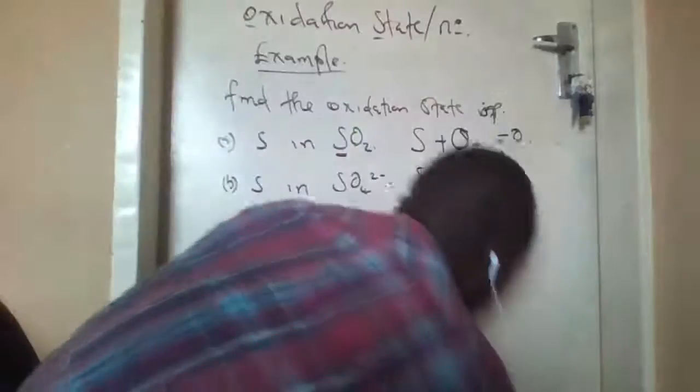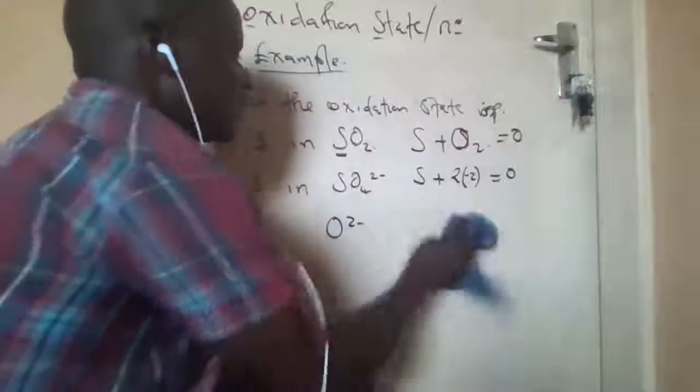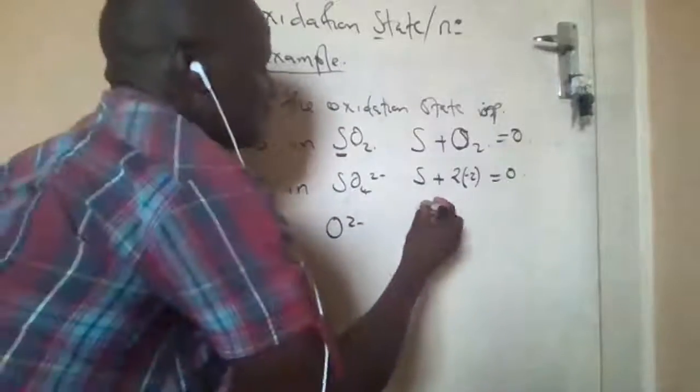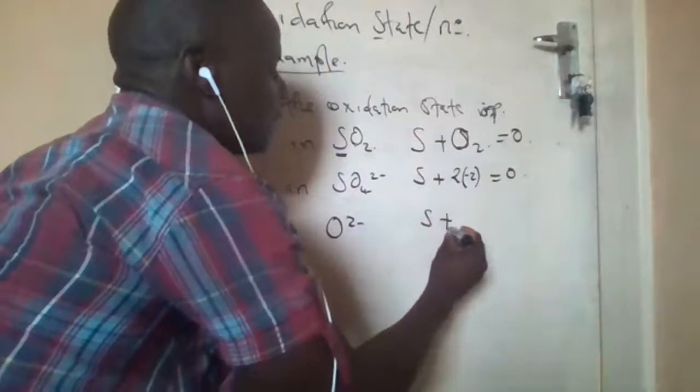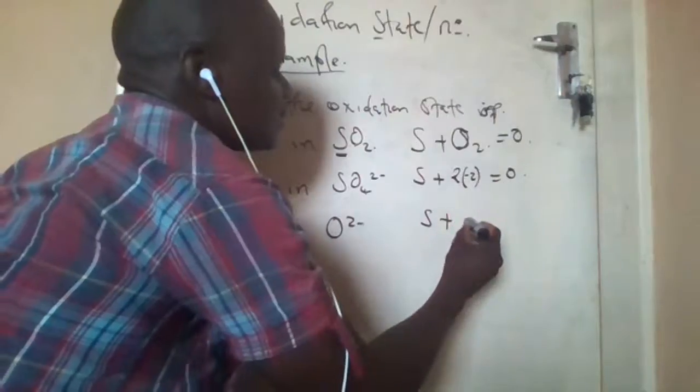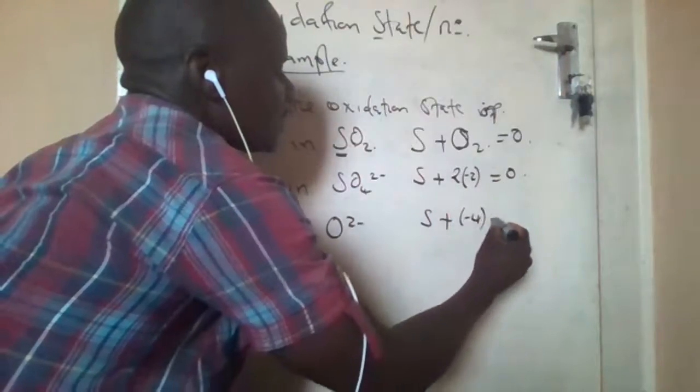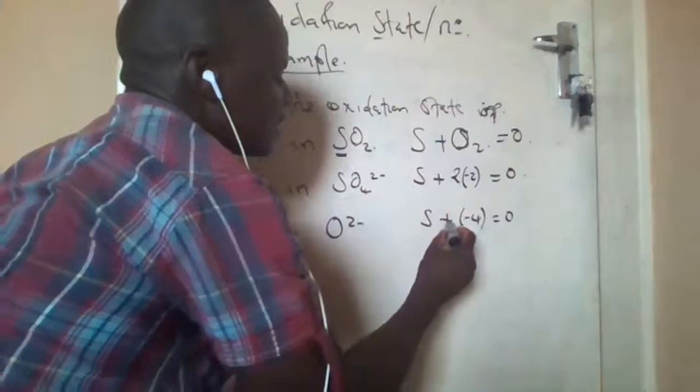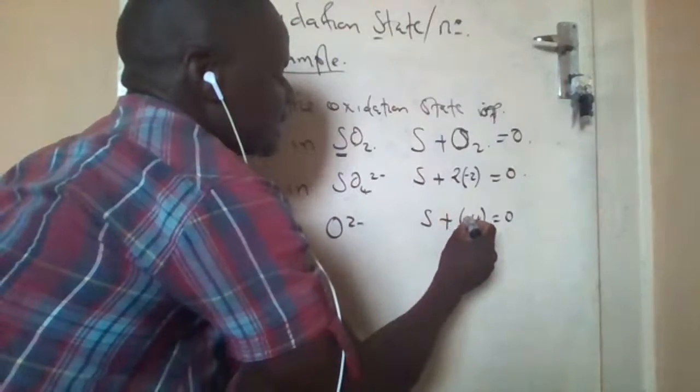Once we do that, we have the oxidation state of sulfur plus 2 times -2, which is -4, equal to 0. Positive times negative is negative.